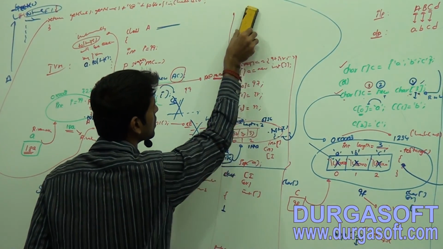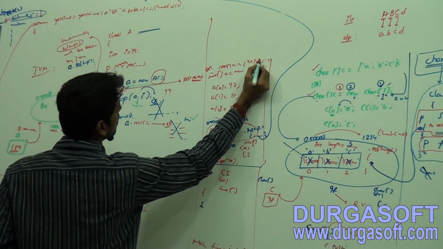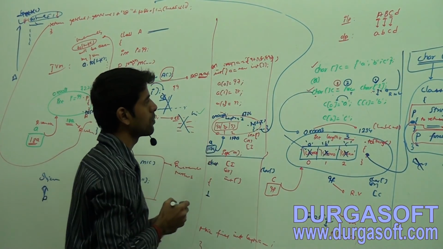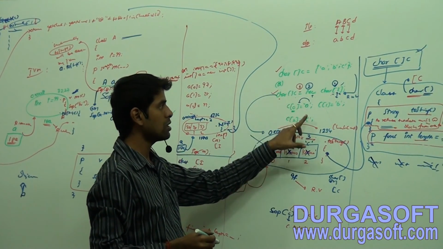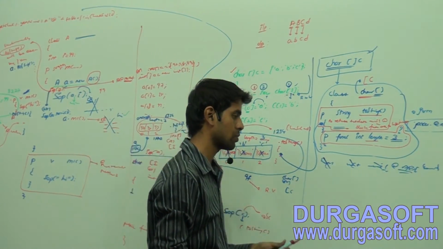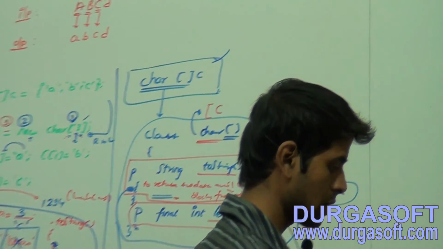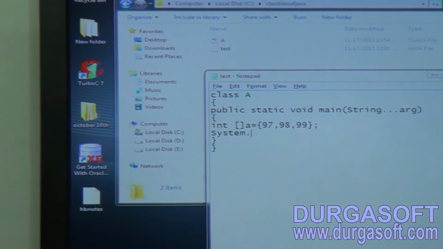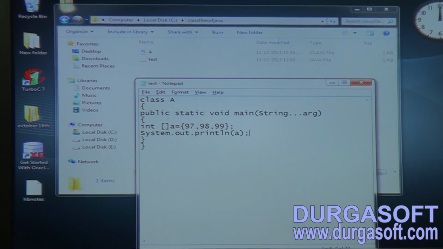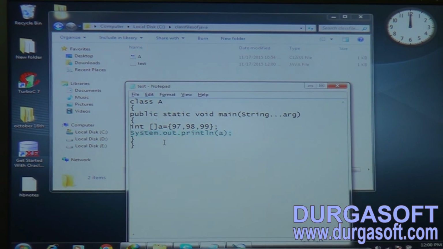Now observe, either this or this you can write here also as part of char array. Now pass a as an argument to system.out.println.